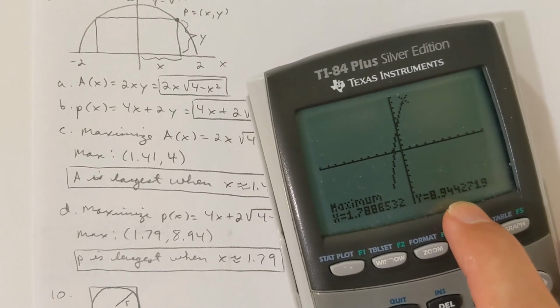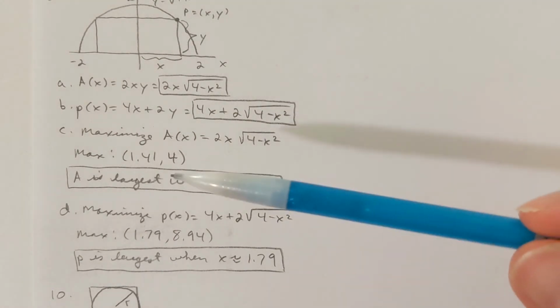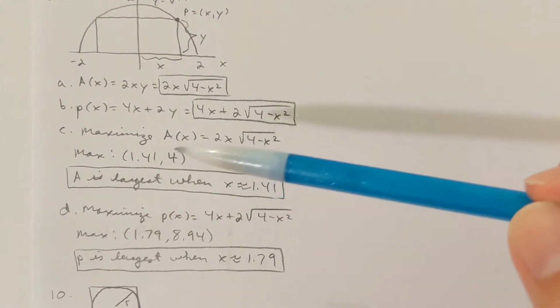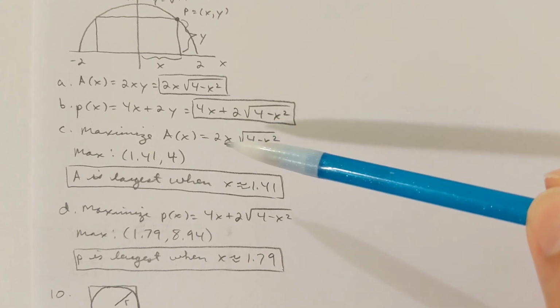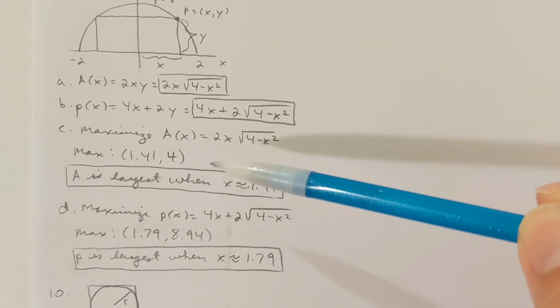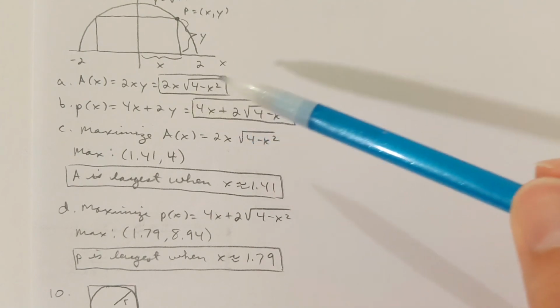Yeah, okay. So the perimeter is going to be taken on a different shape than when the area of the rectangle is largest.